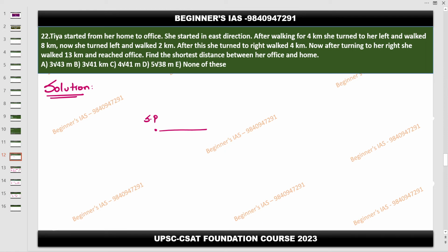After walking 4 kilometers, she turned her left, and walked 8 kilometers. Okay, Rajshekhar. Fine. So this is the starting point. I'm just considering this as a starting point.